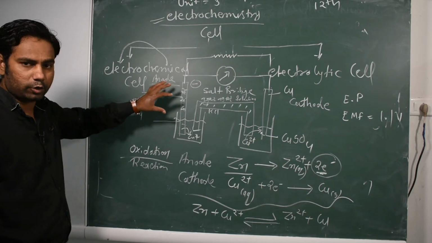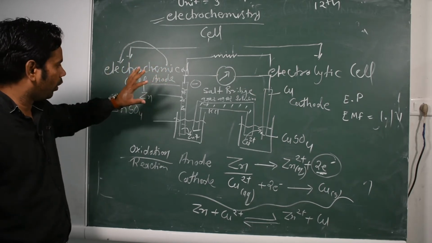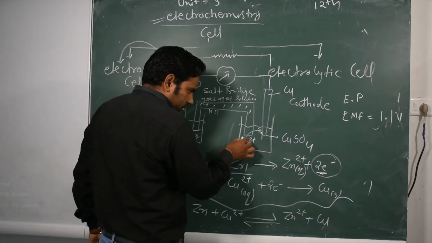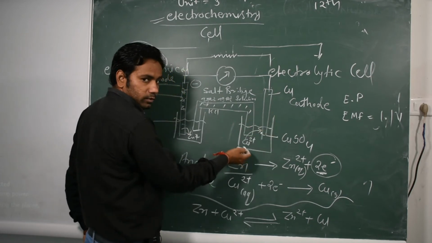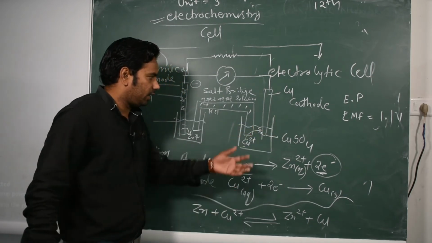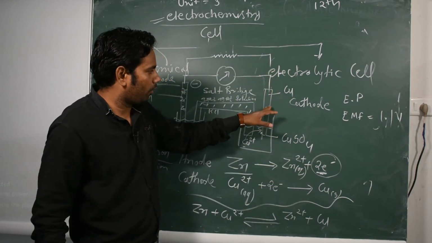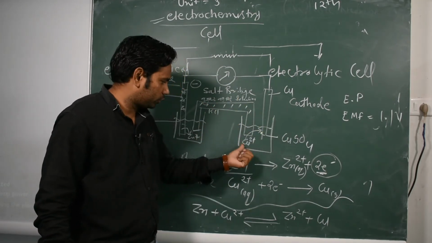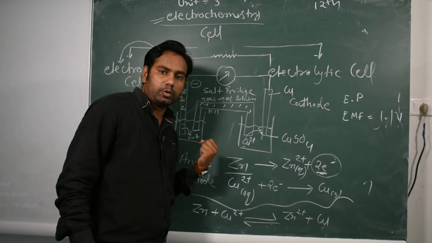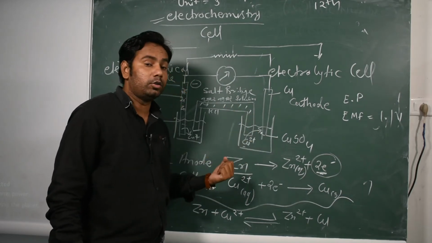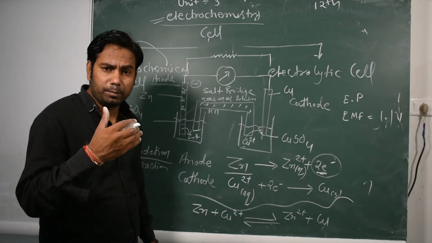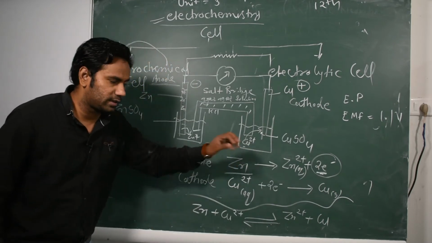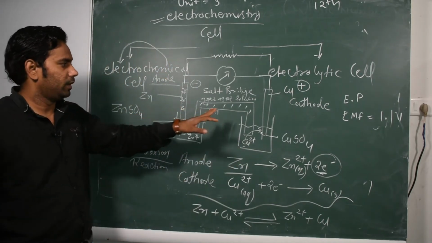But at the copper side, Cu2+ ions come here and accept 2 electrons, so the electron quantity on the copper electrode is always minimum, and its charge is positive. So a potential difference is created: electrons are maximum here and minimum there.